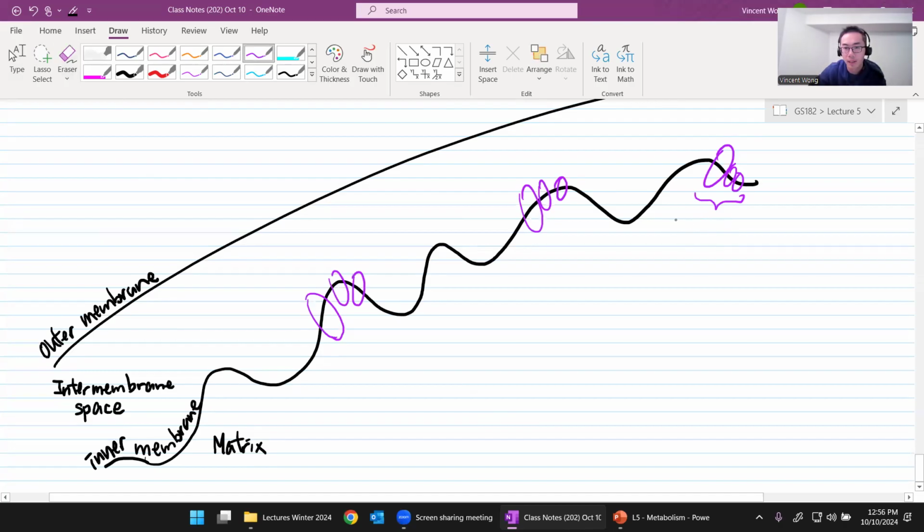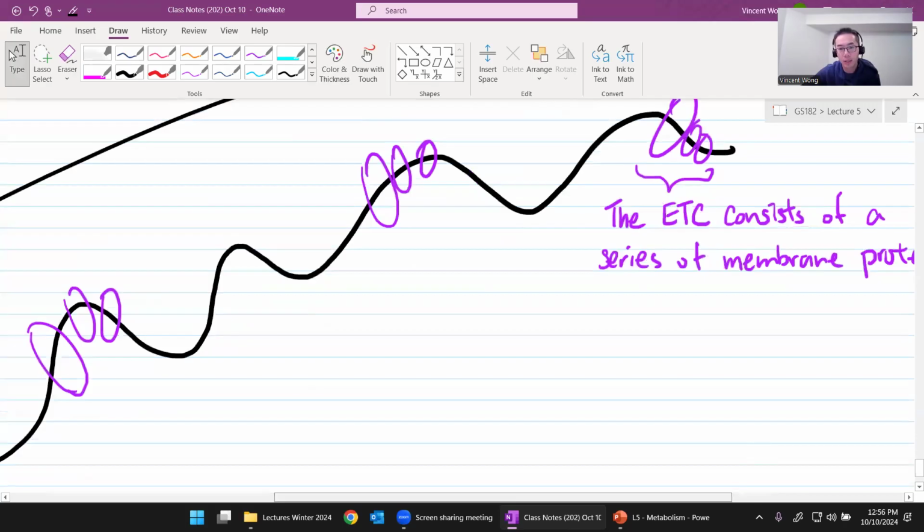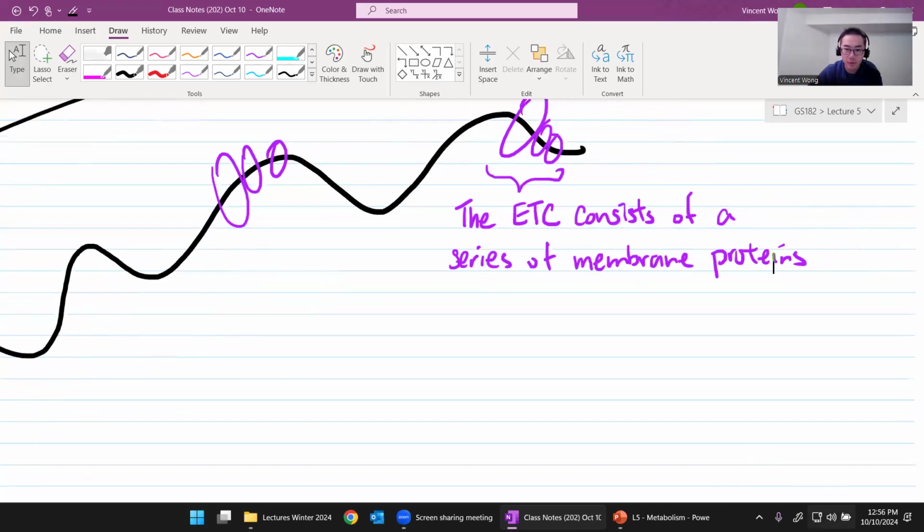Okay, so the electron transport chain consists of a series of membrane proteins. And let me zoom in a little bit for you in case you're watching this on the phone.